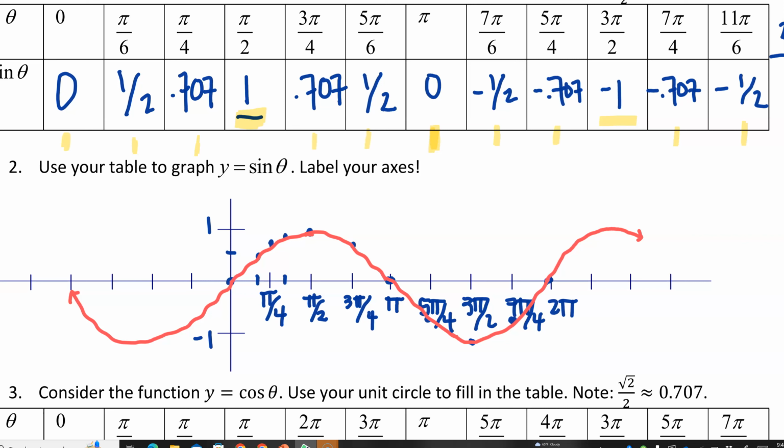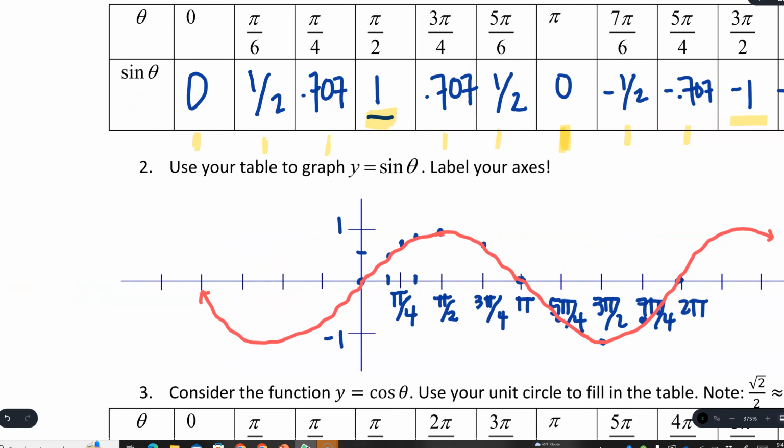So from 0 to this 2 pi, how long does it take before it starts repeating itself? So we graphed part of it. So 2 pi before it starts repeating itself. So this is a periodic function.